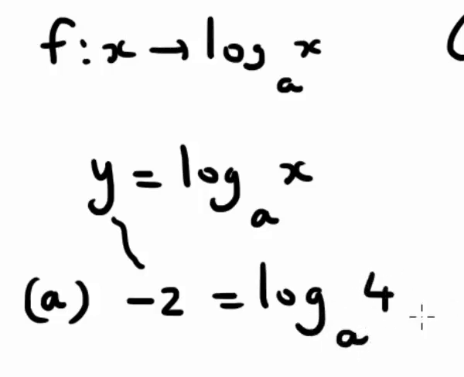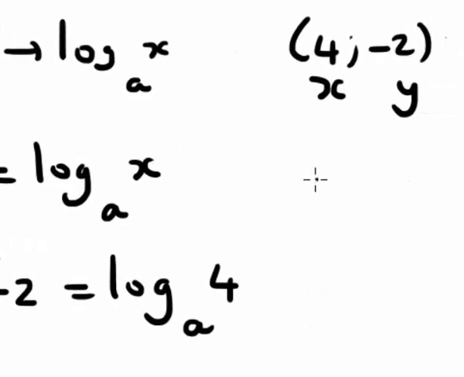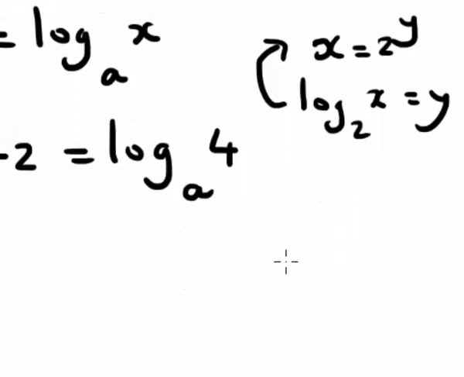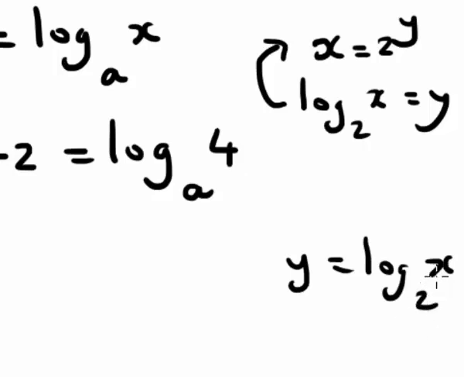Now, if we apply the definition of a logarithm, if you remember what it was: if we had, for example, x is equal to 2 to the y, remember that became log x to base 2 as y. So likewise, you could reverse it this way as well. If you had y is equal to log x to base 2, you could reverse this, and the 2 goes up and pushes the y.